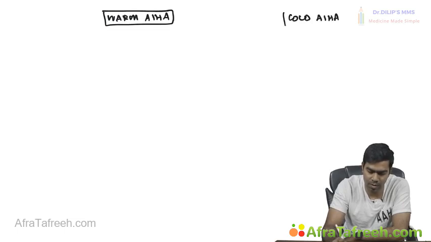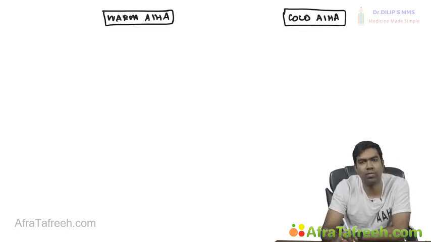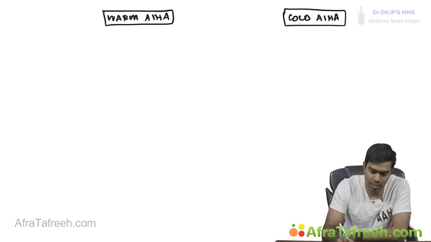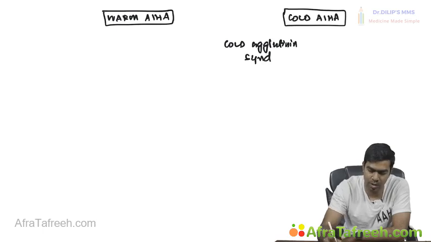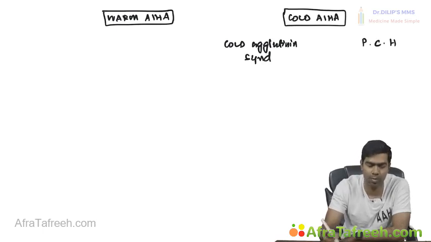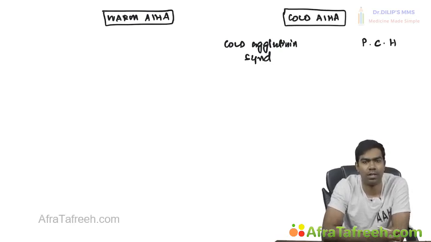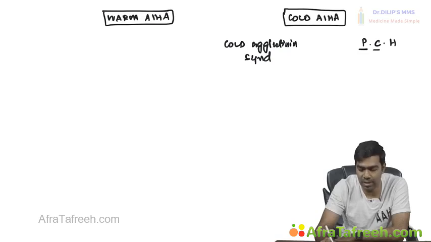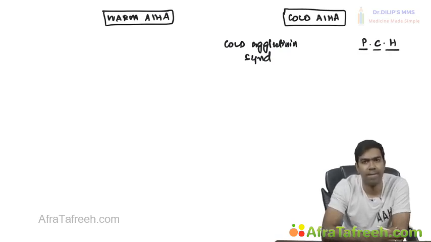Within cold autoimmune hemolytic anemia, you have two types. That is cold agglutinin disease, otherwise called cold agglutinin syndrome, and second, paroxysmal cold hemoglobinuria. It's called PCH. It's not PNH, it's PCH. That's paroxysmal cold hemoglobinuria.